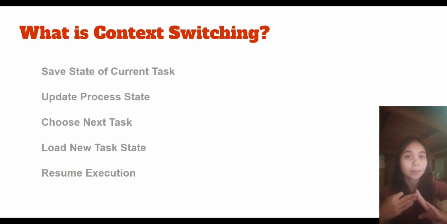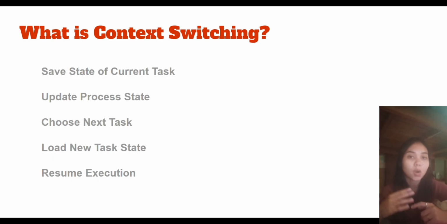And the third step, it chooses the next task. The CPU scheduler will select the next process or thread to run based sa scheduling policies like round robin, priority, or shortest job first. And the fourth step is it loads the new task state.